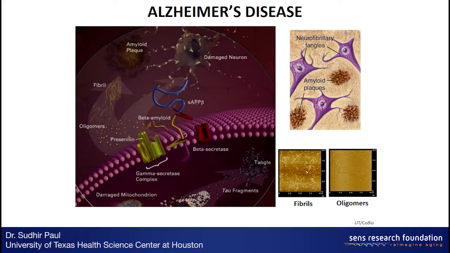Initially, it's in a monomeric state, and this peptide forms oligomers and eventually forms fibrils, and then further large plaques that are visible when a section is made of the brain. So in fact, these are the two hallmarks of Alzheimer's disease.